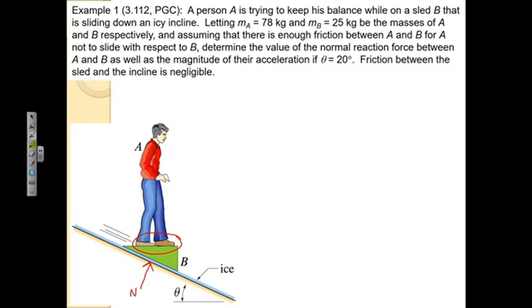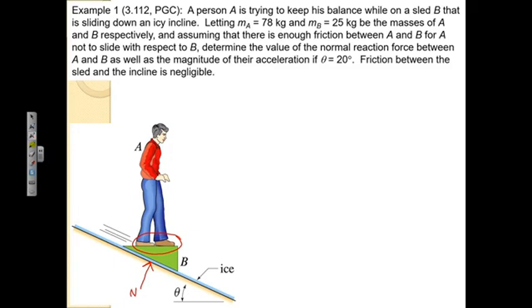We could go in here, sum of forces for particle A in the X, sum of forces for particle A in the Y, sum of forces for particle B in the X, sum of forces for particle B in the Y. 4 equations. I can take a peek at our free body diagram and say how many unknowns do we have. Mass of A, got it. g, got it.